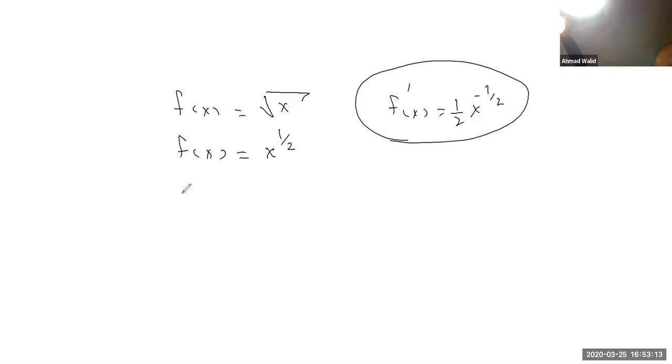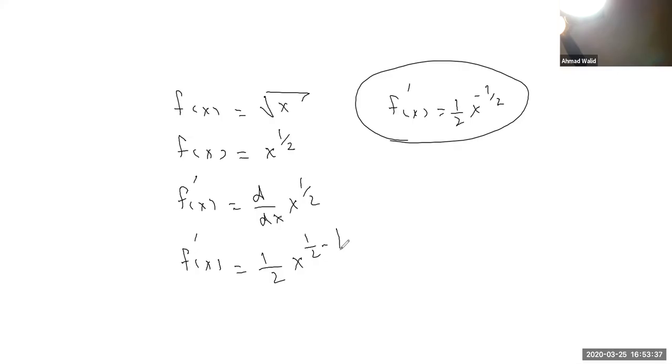Okay, f prime x equals d/dx of x to the power of 1/2. Then f prime x equals 1/2, keep your x. At the top, you will have 1/2 minus 1.